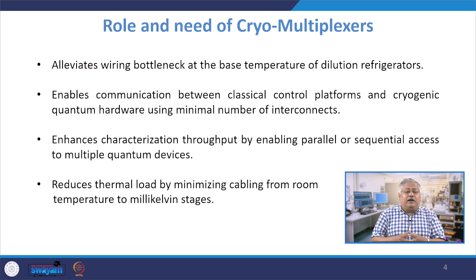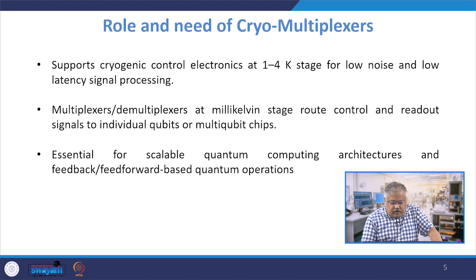You do not want the wiring to be large in number because you do not want large thermal noise or a large thermal budget to be inserted, and that is where a multiplexer tries to reduce the number of wires. It also helps you enable communication between classical control platforms and cryogenic quantum hardware. Let me show you, maybe I have a graph to show that.